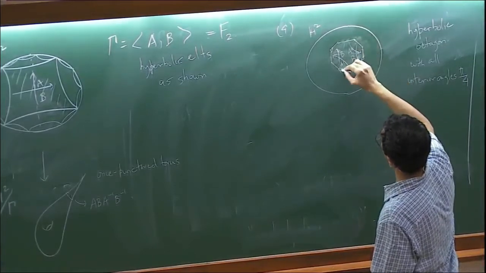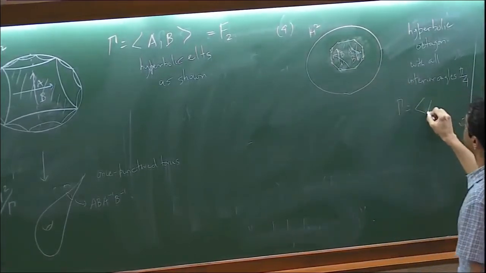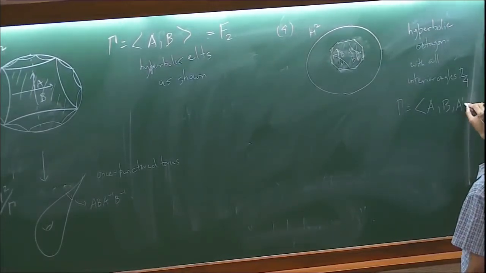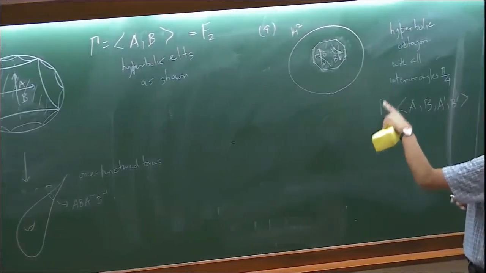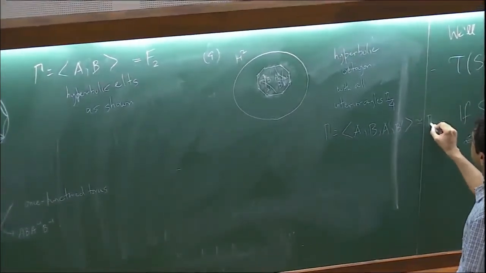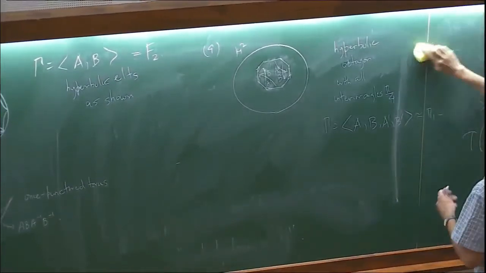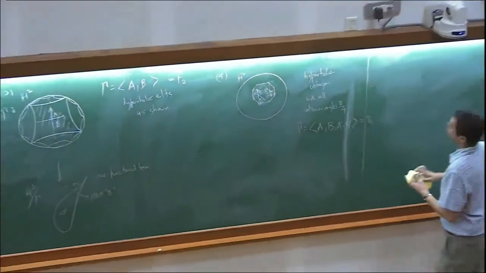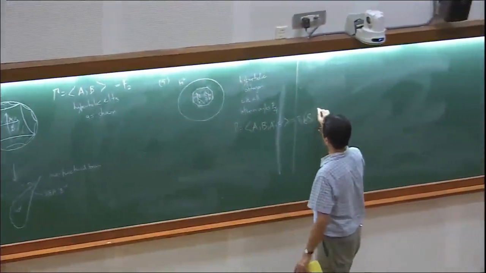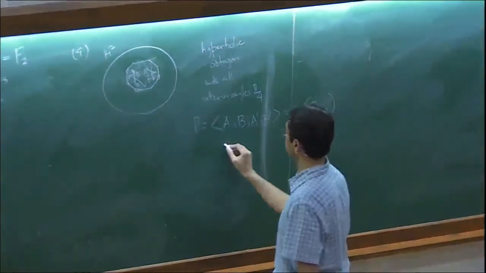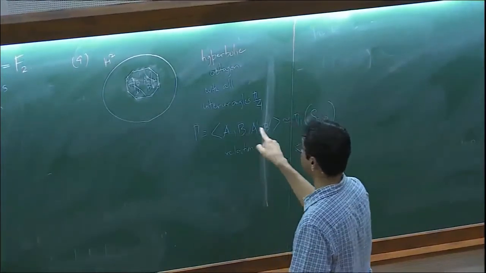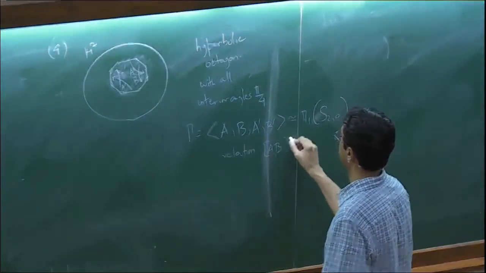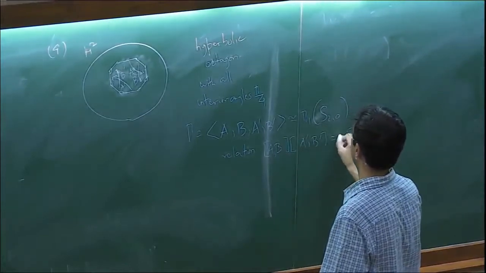And if you look at gamma generated by these hyperbolic translations, so A, B, A prime, B prime, then it turns out that this is isomorphic to the fundamental group of a closed surface of genus 2. So the relation is automatically satisfied. If your picture is like that, then the product of the commutators of A and B is the identity.